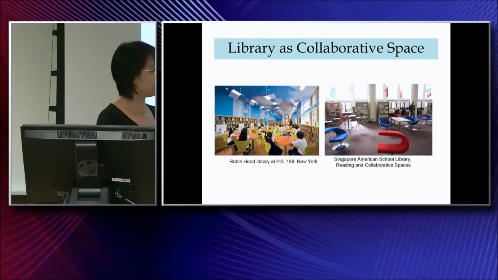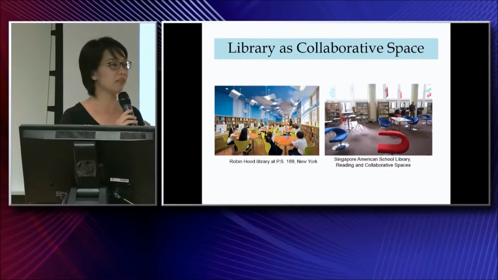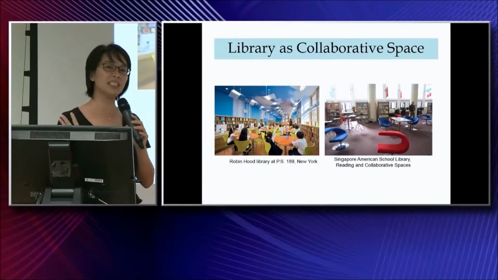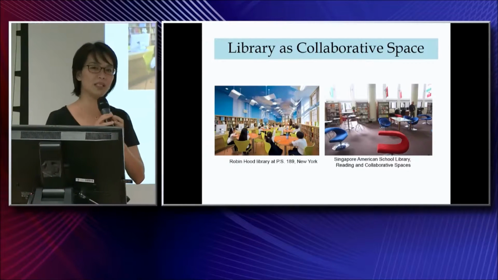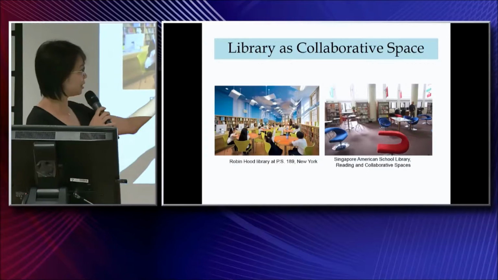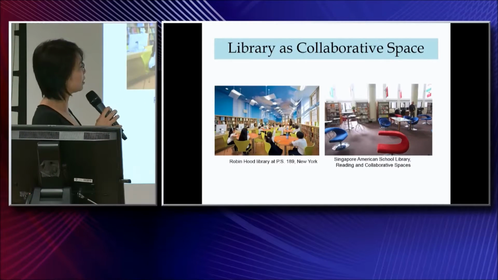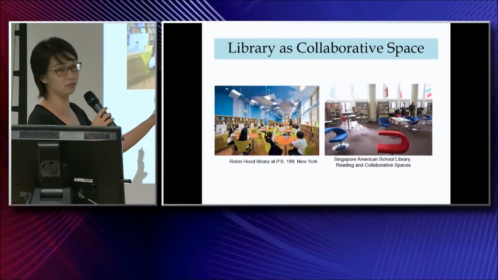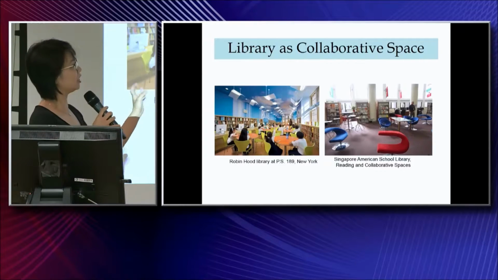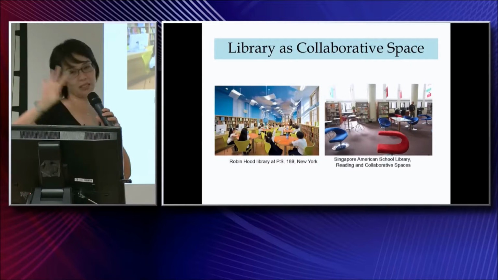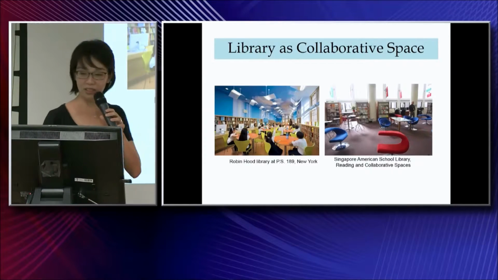Interestingly, at the Singapore American School, obviously they have a very large space for their library, but what they've done is they've divided their library into a quiet space and a noisy space. And this section that you see here is the noisy space. There are these tables of varying heights for students' preferences, and they can sit at these places and they're allowed to be noisy here. Whereas there's another quiet space which is for studying.